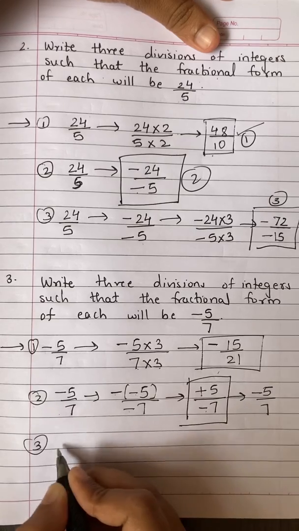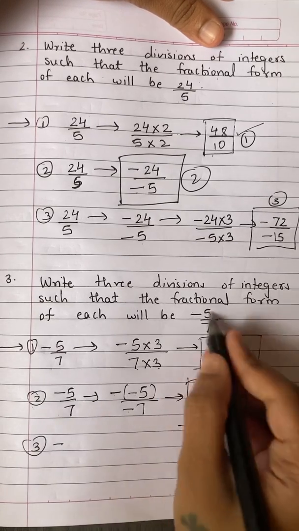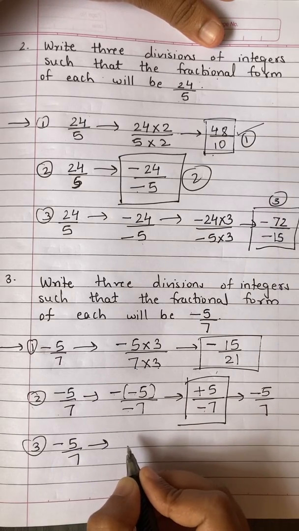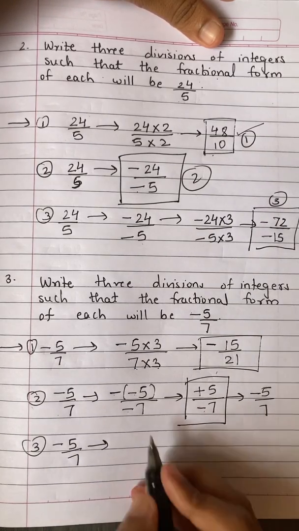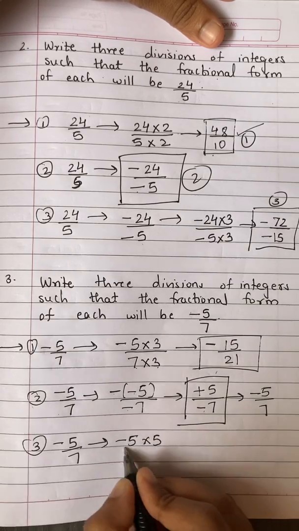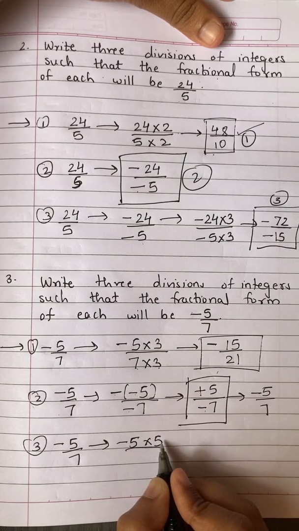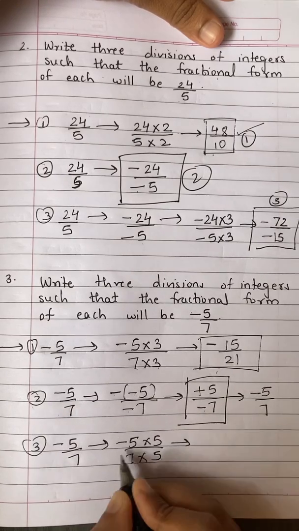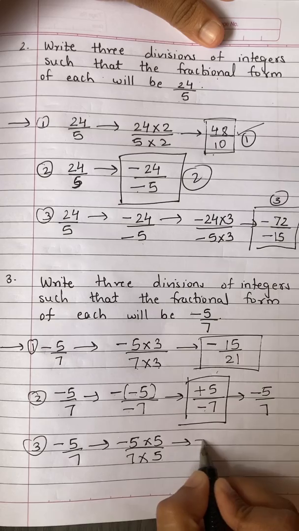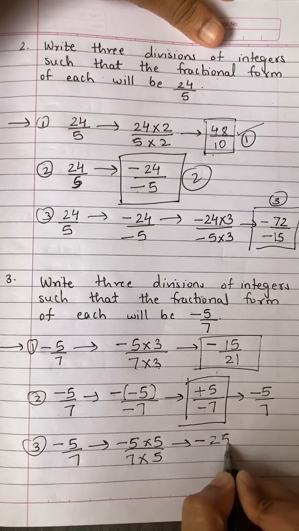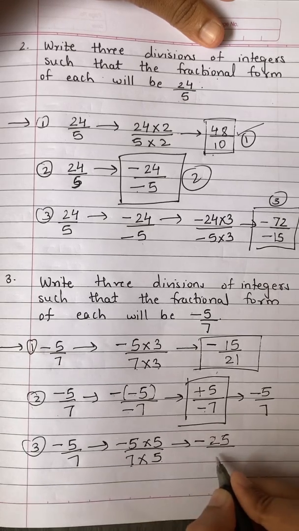Third one we can do is, take again the same fractional form, minus 5 upon 7. Let us multiply by 5. Minus 5 you keep as it is, into 5 in the numerator, and in the denominator also multiply by 5, 7 into 5. Write the minus sign as it is. 5 5s are 25 and 7 5s are 35.